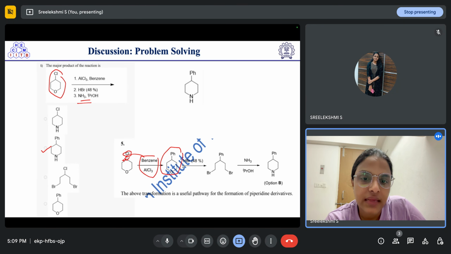Then in the presence of HBr, this is first getting protonated. So the intermediate will be this OH, once it is protonated, and here the phenyl group is there.